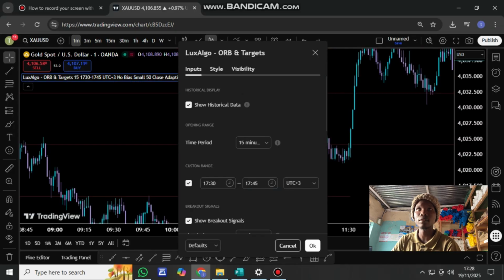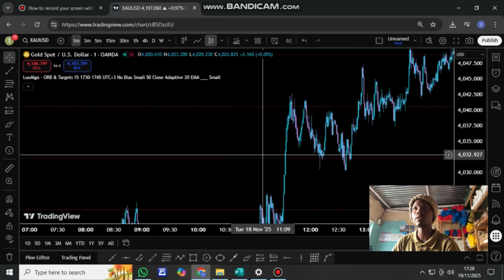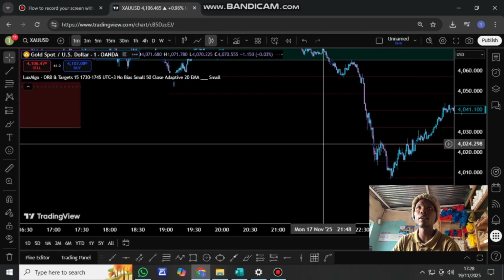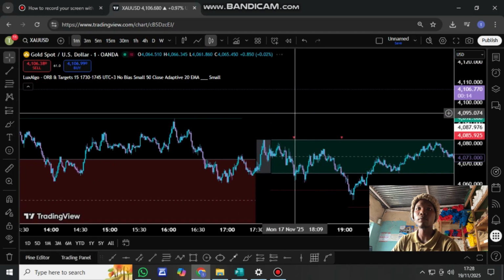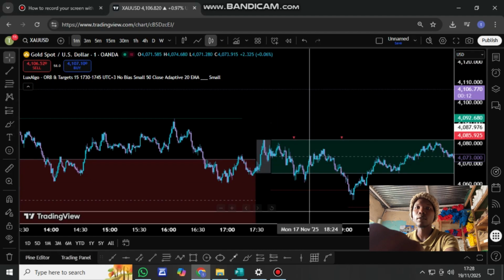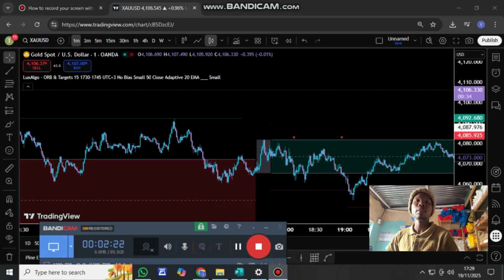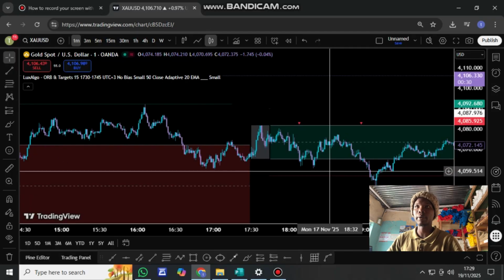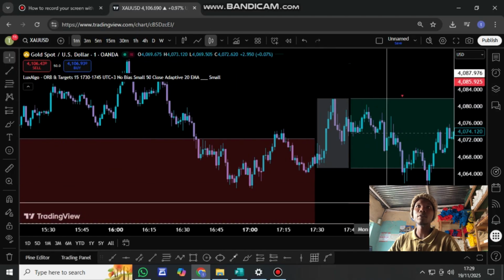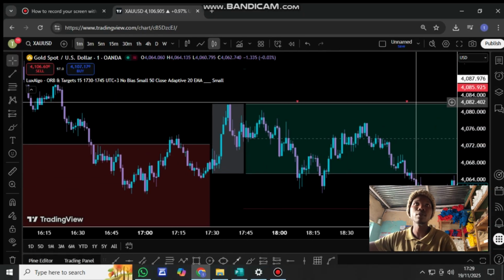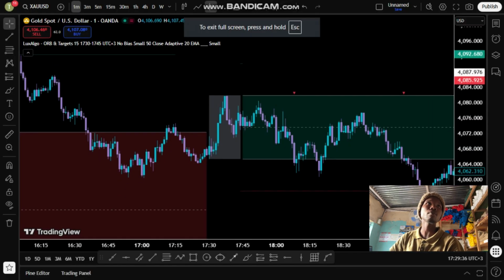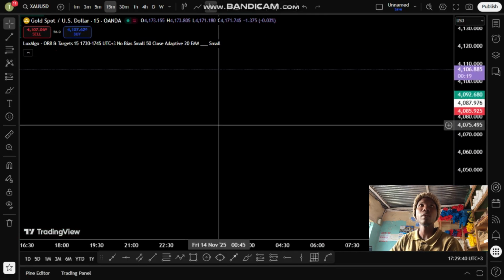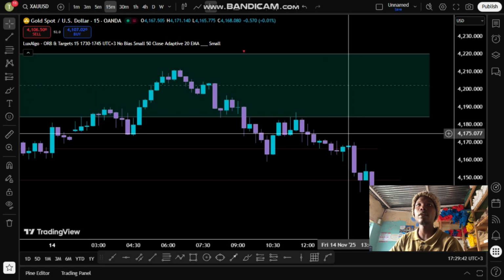Once that is set, what basically happens is, once you have set up your indicator, this is how it looks, okay? So you'll go to the 15 minutes. Let's just choose one, maybe the recent one.